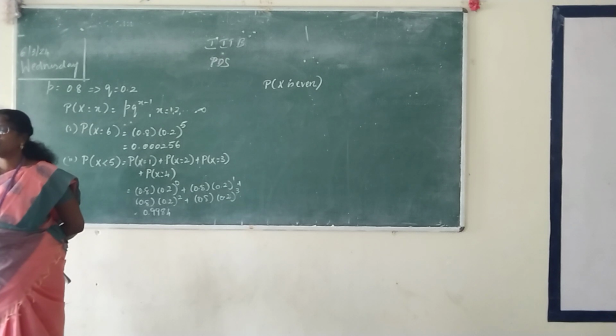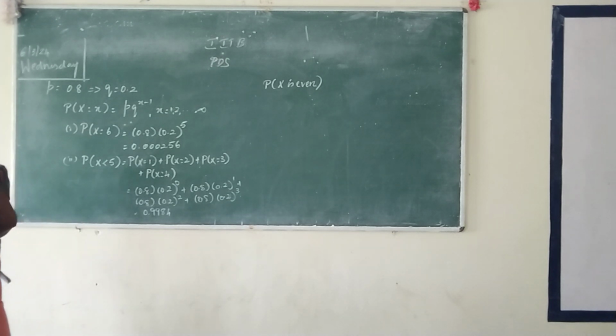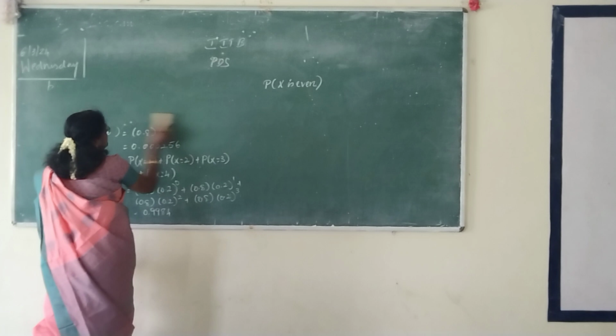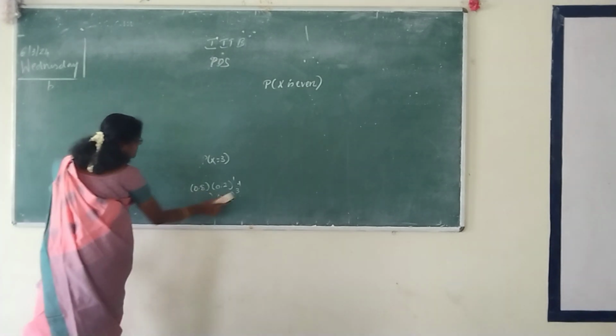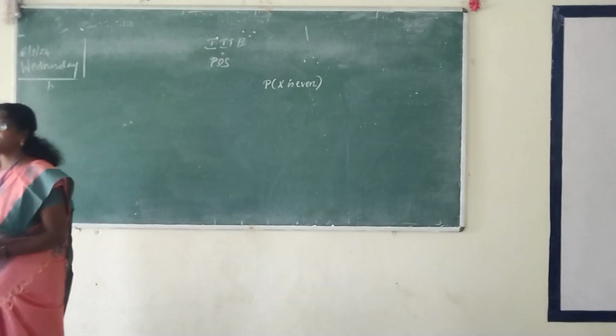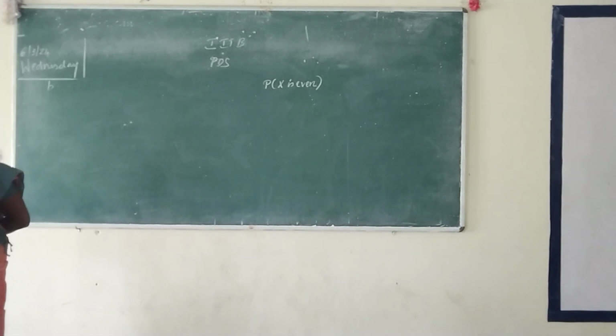Recall what we discussed. What is the Poisson distribution? Definition: probability of capital X equal to small x equals... Study the formula.